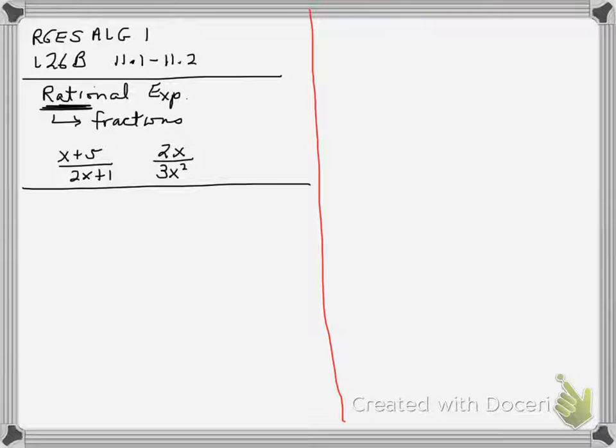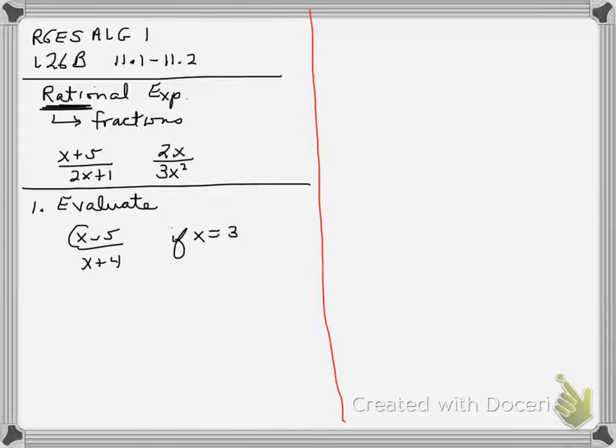The first thing you'd be asked to do is to evaluate. Now, evaluating is really pretty simple because I will give you a value for x, for instance. Let's say we have this over x plus 4. And I say, evaluate the rational expression if x equals 3.